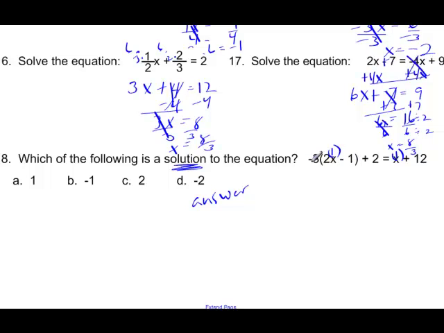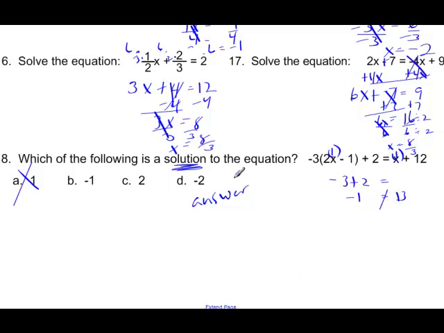Negative 3 times 1 is? Negative 3 plus 2 is? Negative 1. Okay, on this side, 1 plus 12 is? 13. Is negative 1 equal to 13? No. So that can't be our answer.